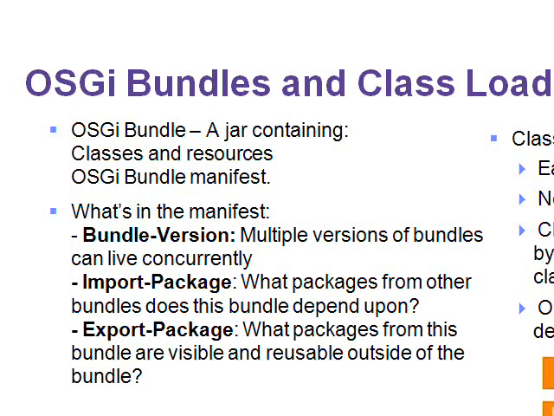Now, if you see, slowly the ills that got introduced in the earlier slide because of the traditional way of bundleizing are all getting taken care of here. We have a bundle version, so we have the versioning problem sorted. Then we have import package and export package, by way of which a bundle is explicitly declaring its dependencies.